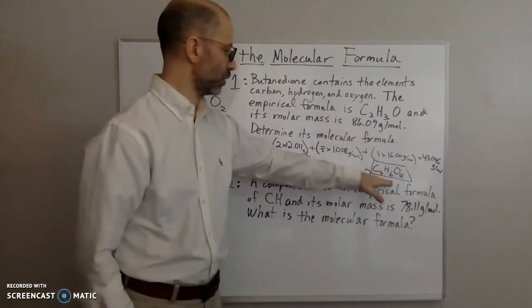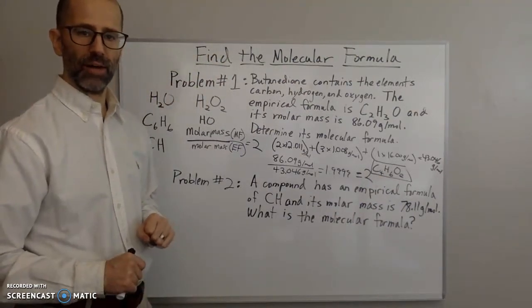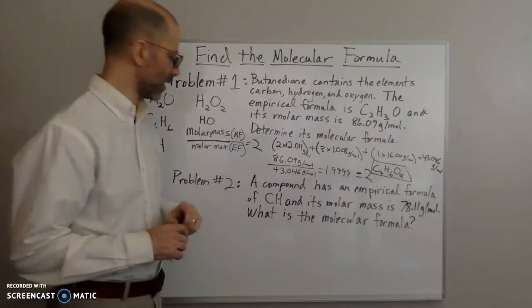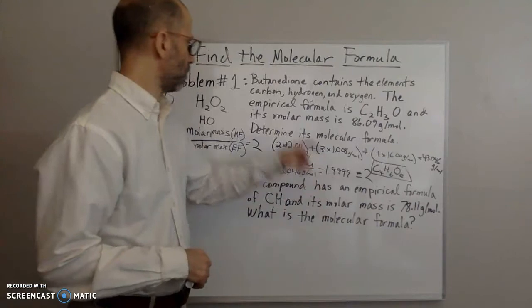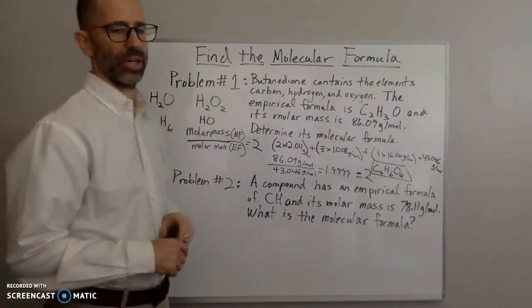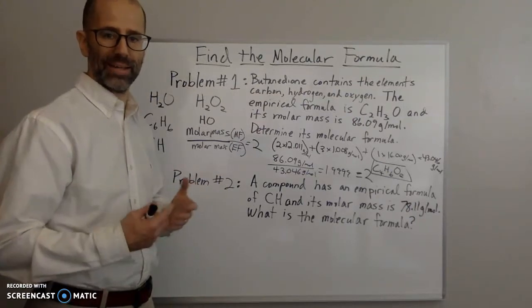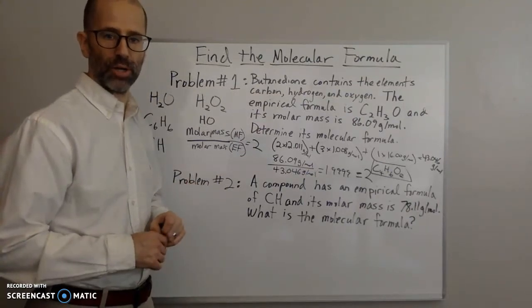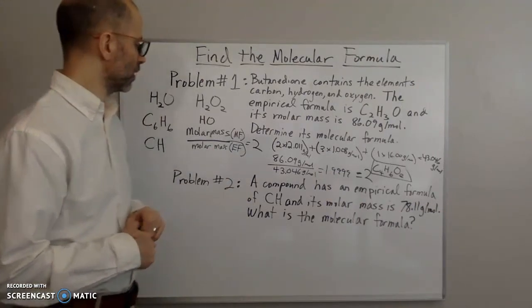Okay, so I hope that was clear. We'll go over another problem. Oh, and by the way, butane dione is the chemical that's responsible for the smell and taste of butter and cheese. So just to let you know.